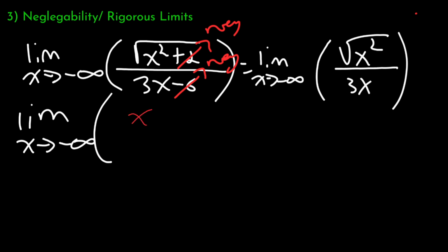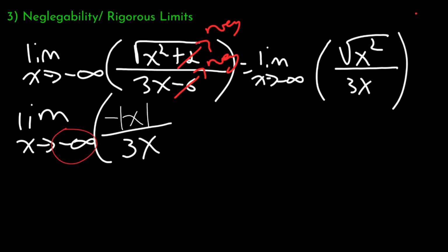It's going to be the absolute value of x, but we're going to put a negative coefficient because it's negative infinity. And then this is going to stay the same, and it's going to be 3x on the bottom.